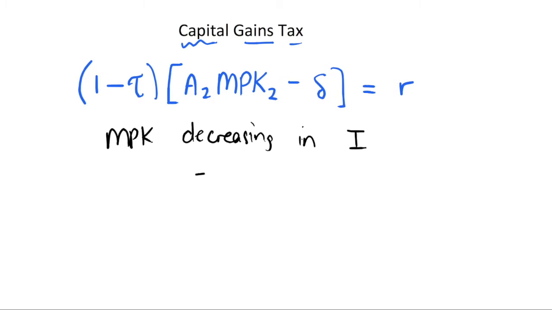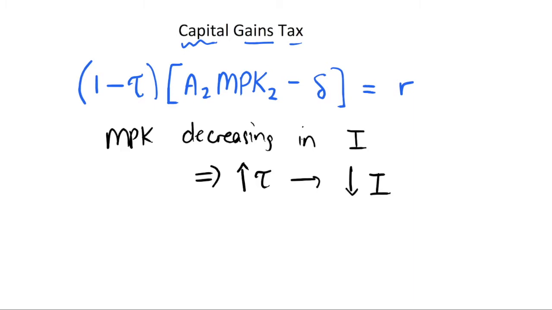And what this implies is that if we increase our tau, our tax rate, we are going to have lower investment. And this makes a bit of intuitive sense on its own without using our assumption, because if we increase our tax rate on our returns from investment, we are going to expect that we are going to decrease the amount of investment that we have.